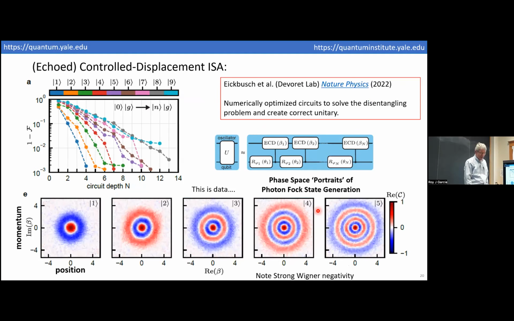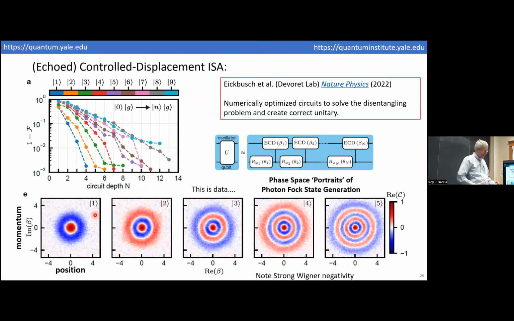And so here, from Alec Eichbusch, who just defended his thesis last week, in Michel Devoret's group, he numerically optimizes these sequences to produce, for example, Fock states. So there's the phase space portrait. I think it's the Wigner function of Fock state 1, 2, 3, 4, and 5.